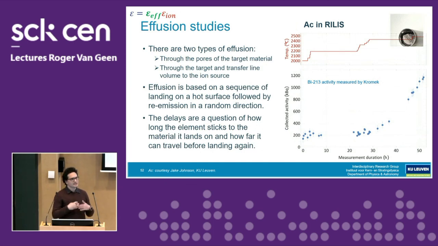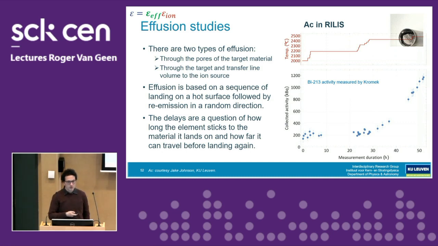Then you want to look at effusion, which is how does it come out of the material, how does it come through the volume. For that, we actually repeated the actinium measurement, but this time embedding it in a thorium oxide material. It was not from the grain, so you don't have the diffusion, but it was cooked at some 100 degrees or so that it seeps into the material itself.